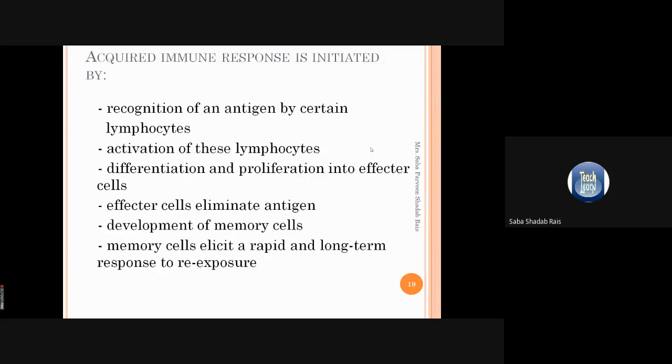When we talk about the acquired immune response, how it is initiated: till now we have talked about the innate immune response, and in the innate immune response, we have learned that generally anything entering the body is handled in a generalized mechanism.